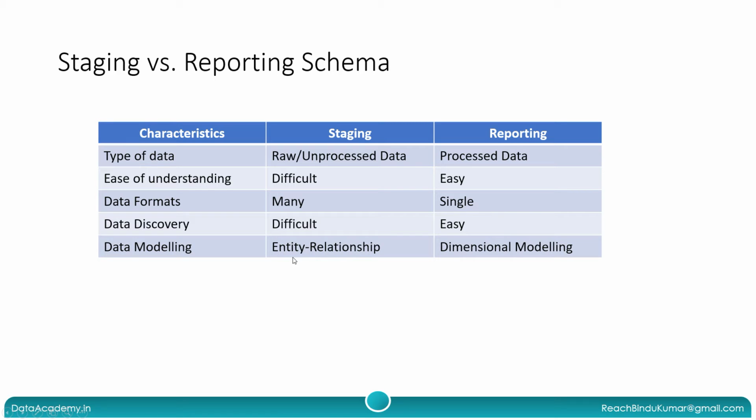Transactional systems follow an ER or entity relationship kind of data modeling. But when it comes to a data integration project or a data warehouse, it is typical to see dimensional modeling. Again, dimensional modeling is a very vast topic. I will probably cover it in a future session.